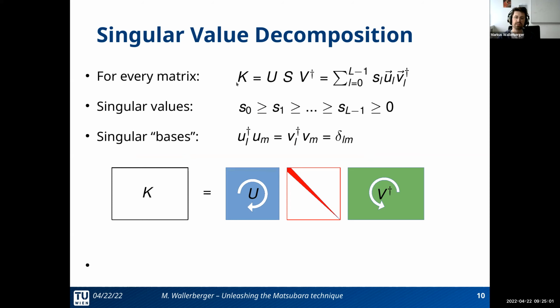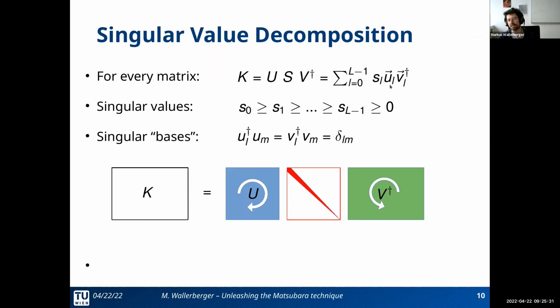It's very important in the density matrix renormalization group and becomes more prominent also in many other fields now. Remember, the eigen decomposition would be: you have a matrix and you decompose it into a unitary matrix, a diagonal matrix, and then the inverse of the same unitary matrix. The difference in the singular value decomposition is that this matrix here is different from the first one. So you have two different unitary matrices here.